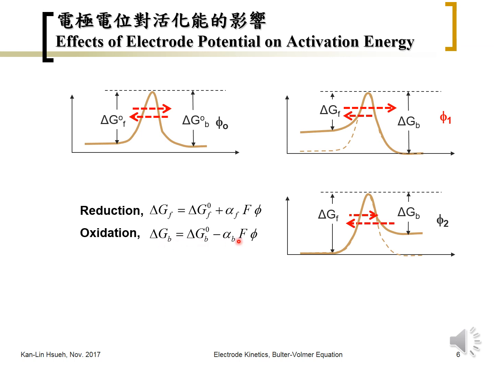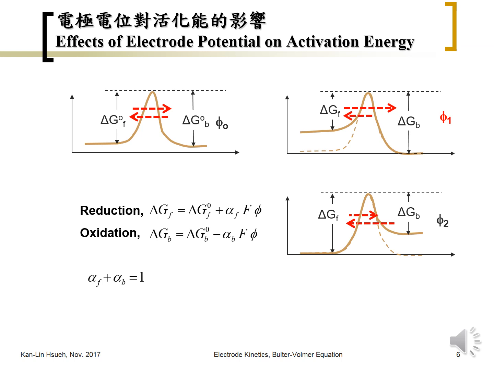So of the 100% of the electric energy applied on the electrode, only a portion of that will affect the forward reaction, and the other portion will affect the backward reaction. So this means alpha F plus alpha B equals 1. The total energy is F times phi over here. With this in mind, we can relate the current density as a function of electrode potential.